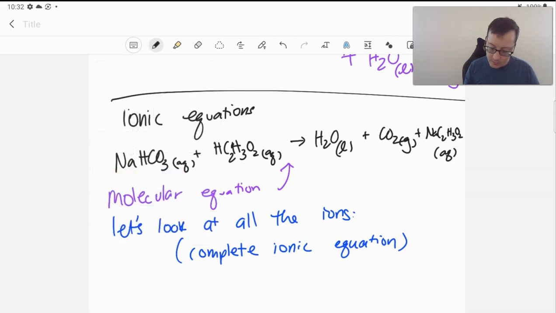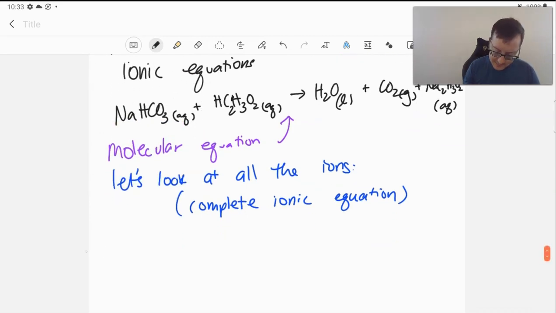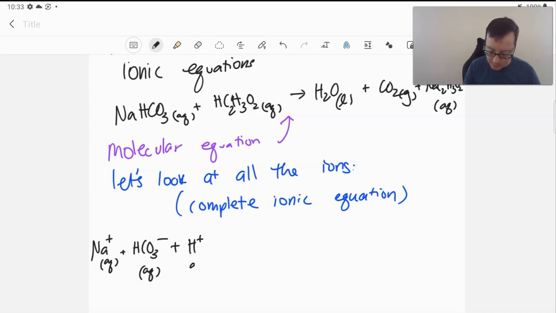So, if we do this, our first compound is the sodium bicarbonate. We'll have the sodium ion, the bicarbonate ion. We have the acetic acid, which we can break apart as well. Great. In our products, we have water.